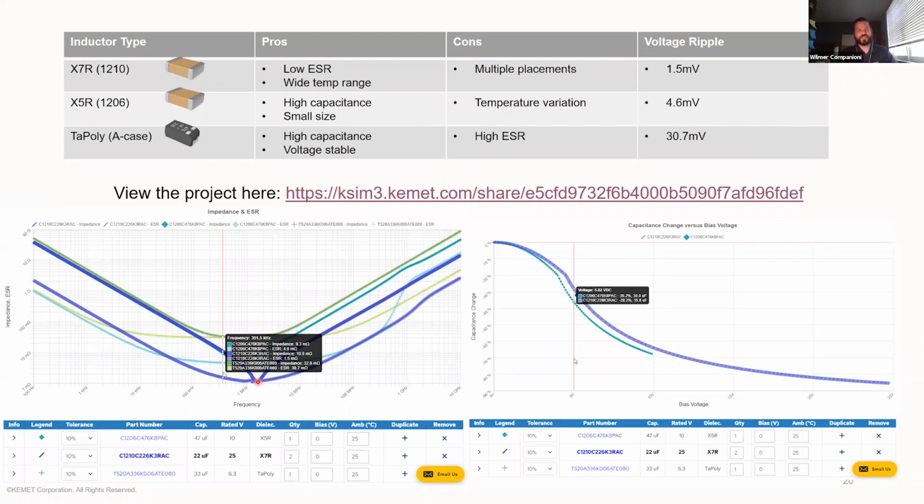So I think there's too much that goes into what gives rise to ESL to maybe summarize it as just this is the package, this is the ESL. I think for a given cap value, we can start to get to that sense, but across the board, that's a more difficult exercise. I could go back and ask that question of our ceramics team and see if we can come to something a little bit more concise than that. But off the top of my head, I don't think we have anything like that. Okay.